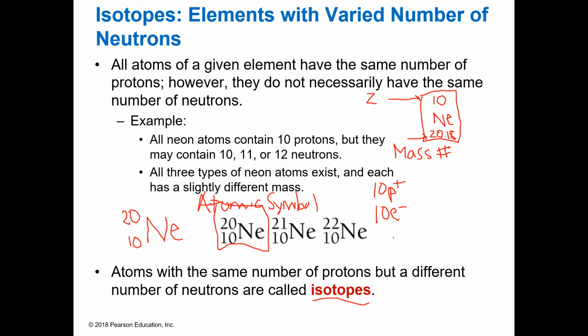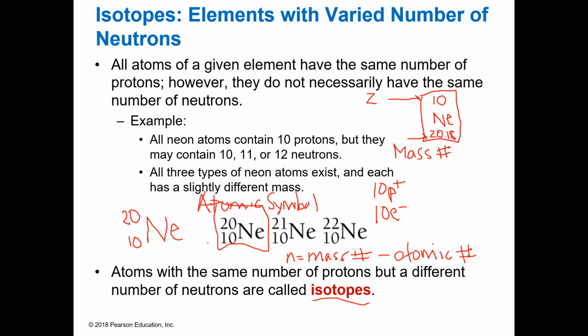And then finally, we have neutrons. How do we get our number of neutrons? Neutrons is equal to the mass number minus the atomic number. So we need the mass number in order to know how many neutrons we have.